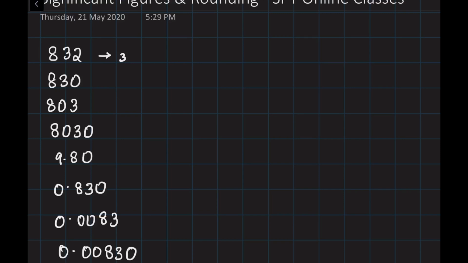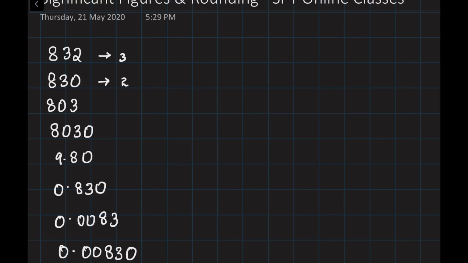Number 830, we have one trailing zero, meaning one zero at the end, which is not significant until and unless it is mentioned in the question that that zero is significant. In this case nothing is mentioned, it's just a number, so that zero is not significant because it is at the trailing end. So only two significant figures, which are 8 and 3.